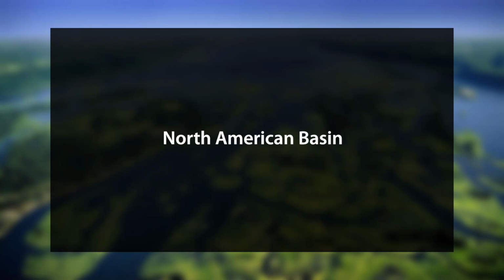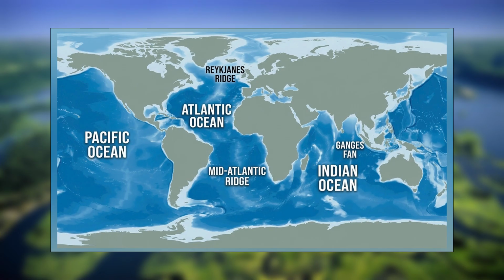Second is the North American basin, the most extensive basin in the Atlantic Ocean, extending from roughly 12° north to 40° north latitude. It is bounded by the continental shelf of North America to the west and the mid-Atlantic ridge to the east. Depths generally exceed 5,000 meters. It encompasses the Sargasso Sea region within its surface waters.